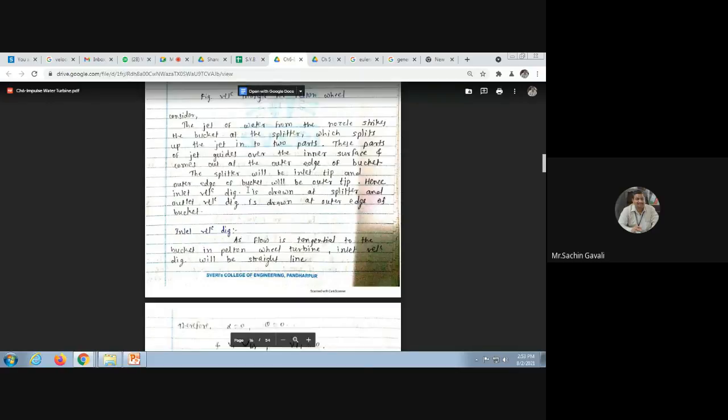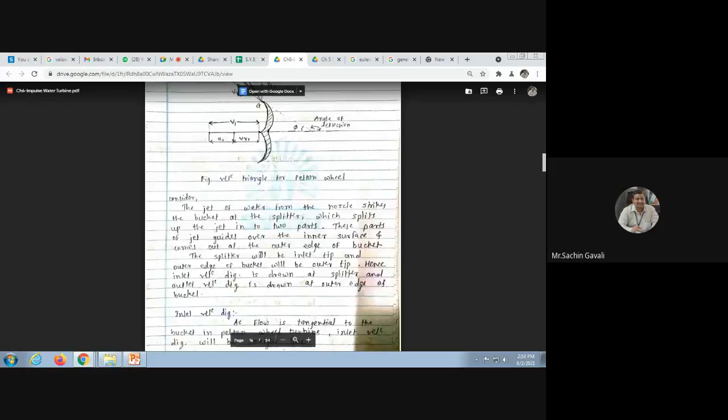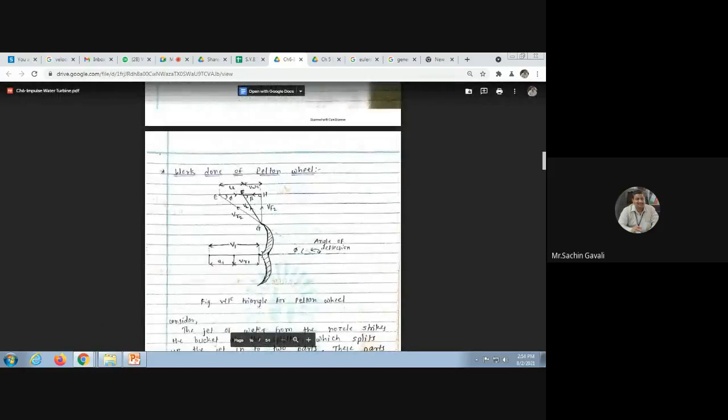Both are in opposite directions, but in the x direction V1 is equal to VW1, and VW2 is equal to minus VW2 because both are in opposite directions. V1 direction here is positive, the right direction on this axis, and VW2 is in the left direction. So both are in opposite directions. And V2 is equal to VF2, V2 is equal to minus VW2. Okay, so therefore m dot is equal to what here?